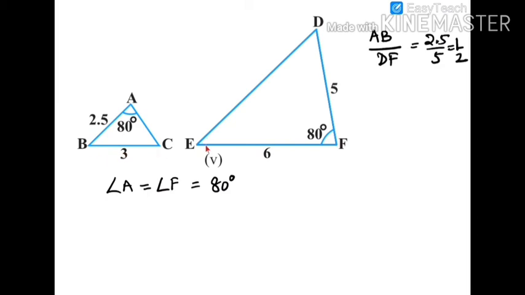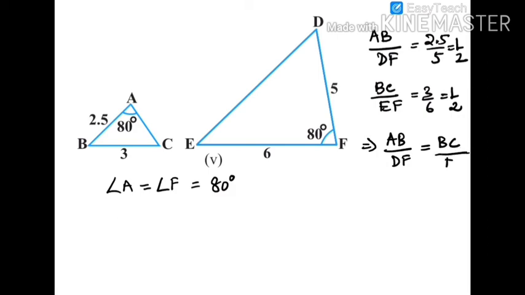BC corresponds to EF. So the ratio BC upon EF is equal to 3/6, which is equal to 1/2. So this implies that these two sides are proportional because their ratios are equal.